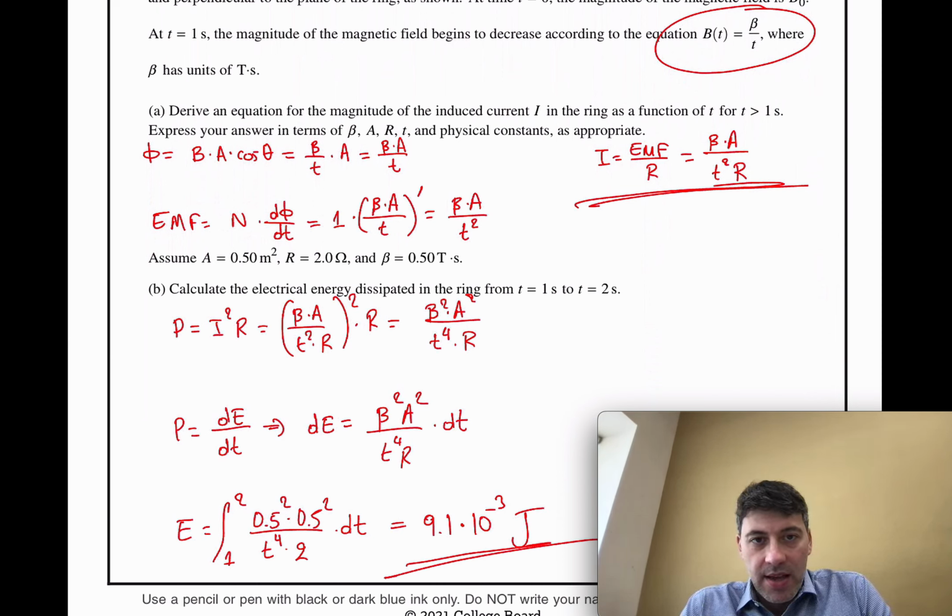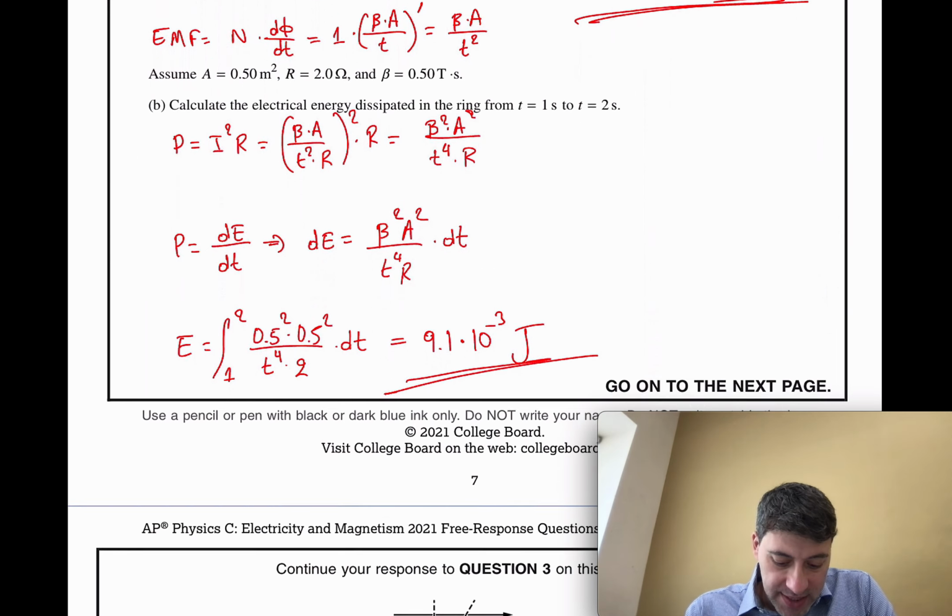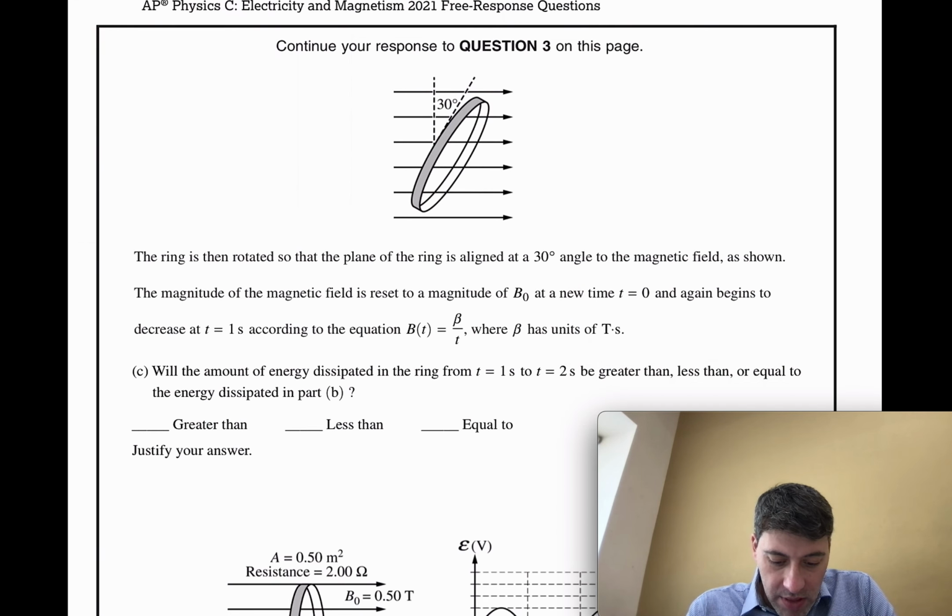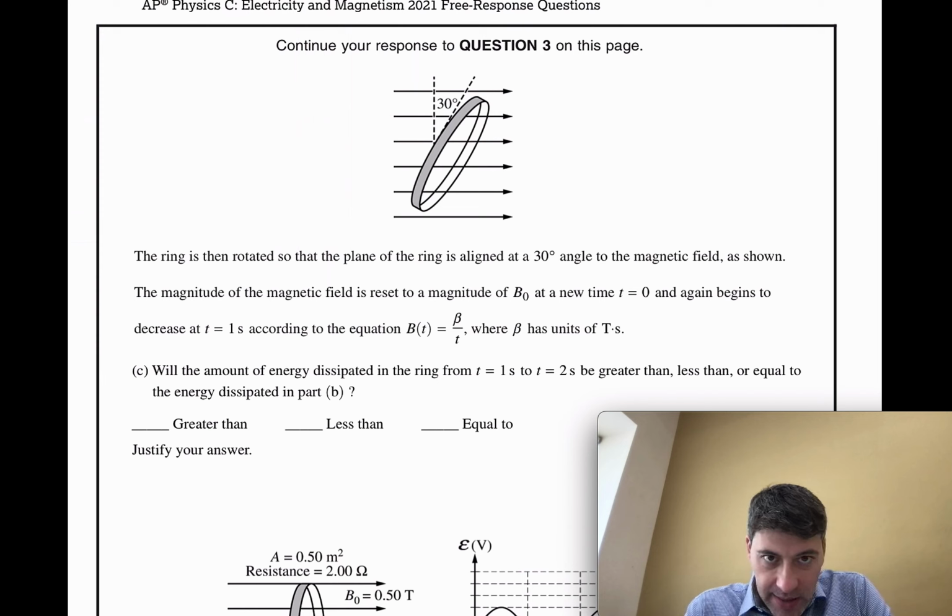Okay. We can continue to part C, where we see now that the ring has turned a little bit, but we have the same magnetic field, beta over t to the power of 2, and we need to figure out if the energy is more or less or the same.